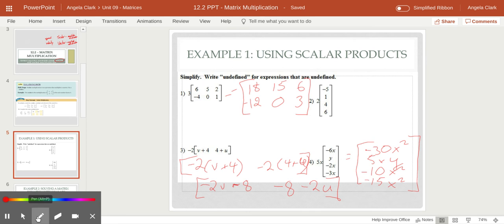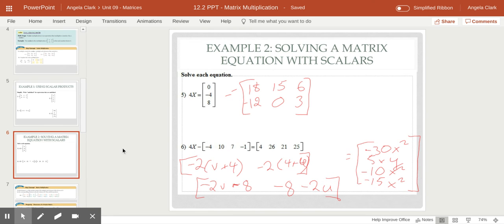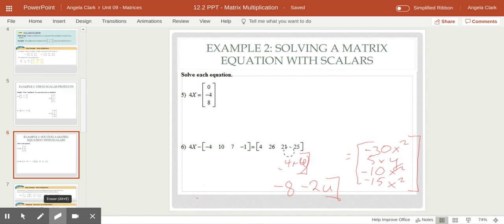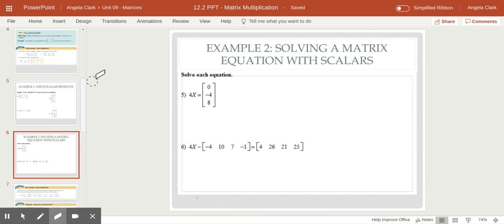So let's do one more thing with scalar multiplication before we move on to matrix multiplication. In this slide, we're going to solve using scalar multiplication. Just like we solved using addition and subtraction in the last section, we can also solve using multiplication. So here we want x, but x is being multiplied by 4. So if I divide both sides by 4, that would be the same as multiplying by 1/4.